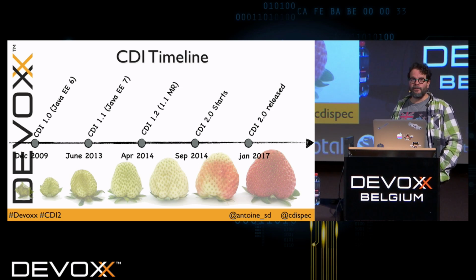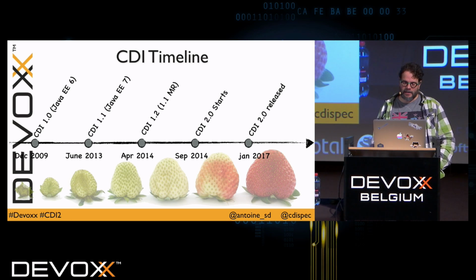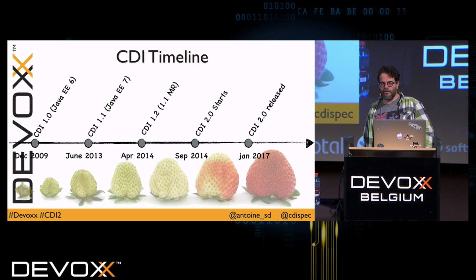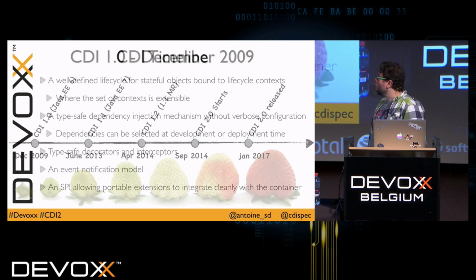So we have three major releases in not a very long time, less than 8 years, let's say 6 years. So it's moving quite a lot, and it's one of the major specifications across Java EE for the adoption and for the feedback we have, and thank you for the feedback on the specification.